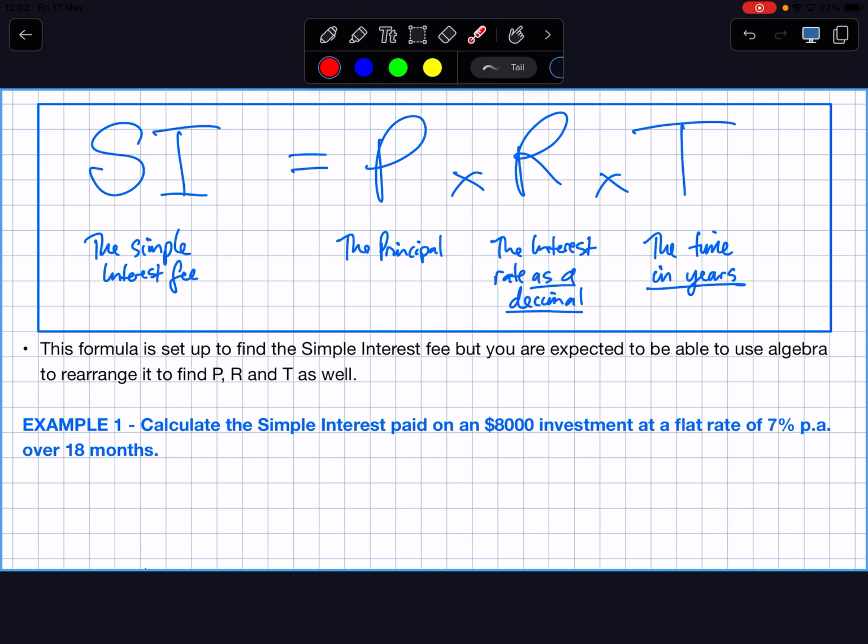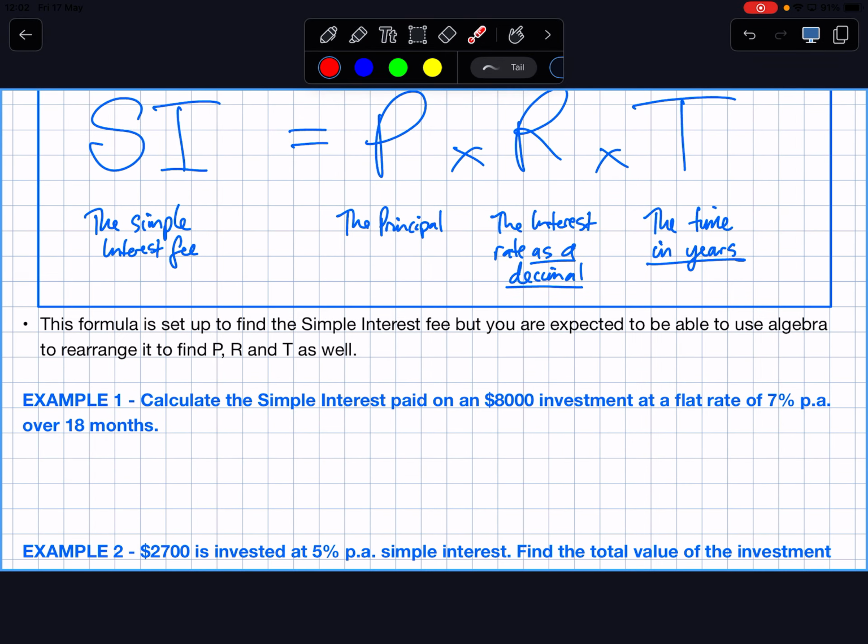But in these examples and in your questions, the exercises, you're expected to use algebra to rearrange it to find P, R, and T as well. Just keep in mind, what is the opposite of timesing? Dividing. So if you want to rearrange and get any of those, you divide by what you need, okay?